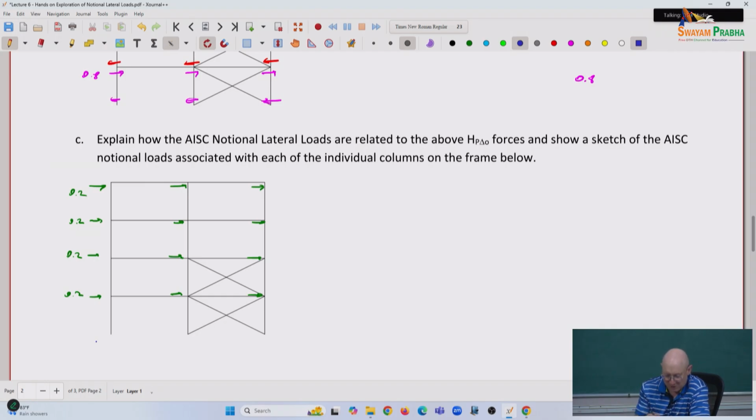From symmetry of those bays, if we sum everything up, we've got 0.8 lateral load at each of the columns, summing all the 0.2s, times 3 columns, or 2.4. Then half of it goes to each base, so I'd have 1.2 and 1.2, roughly.